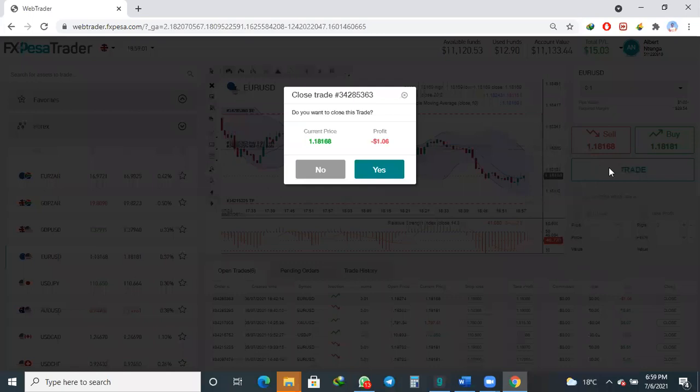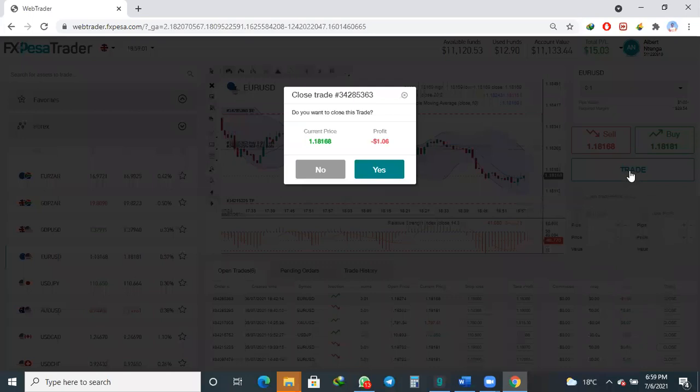Let me just redo this. Open trade when rate is 1.1820. Now after I've taken into account my take profit and my stop loss, I execute the trade.